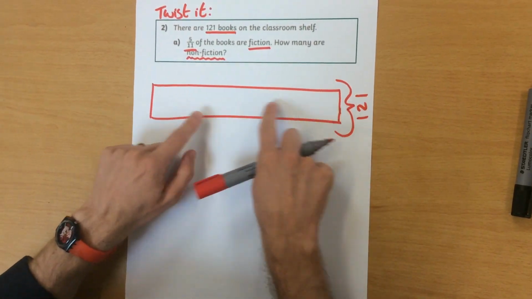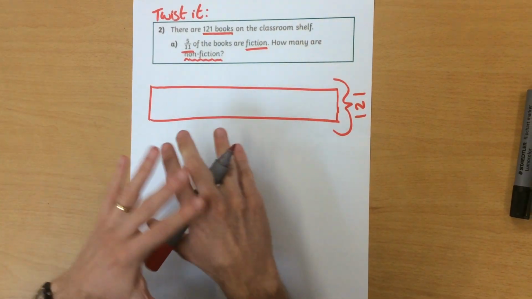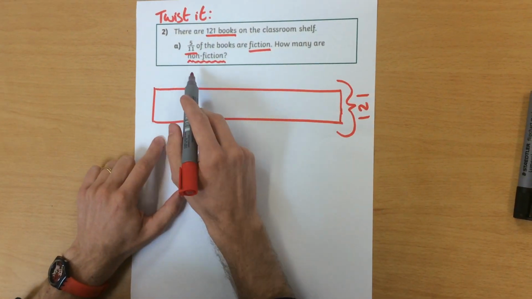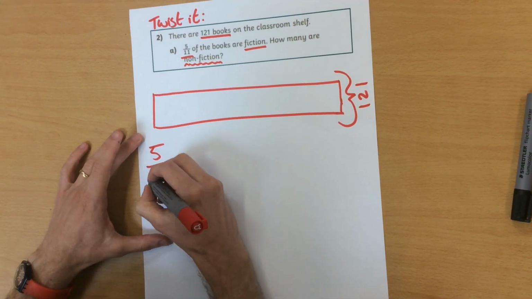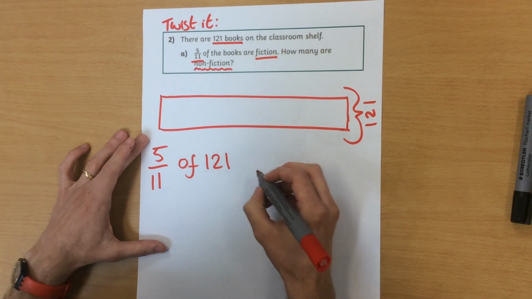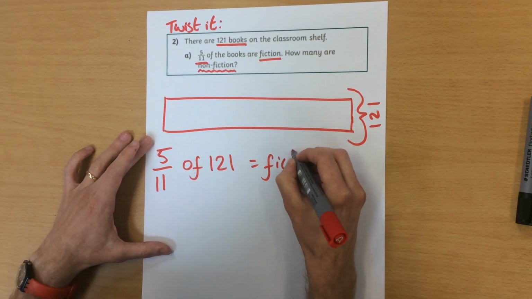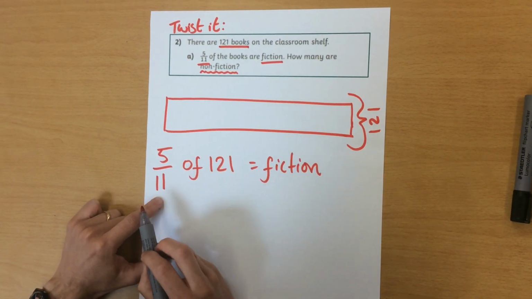Now 5/11ths of this total are fiction. So let's plot that on our bar model. 5/11ths is our fraction, and I might write that down actually, just to remind me. 5/11ths of 121 are fiction. So that's what I need to figure out first. So 11 is my denominator, 5 is my numerator.